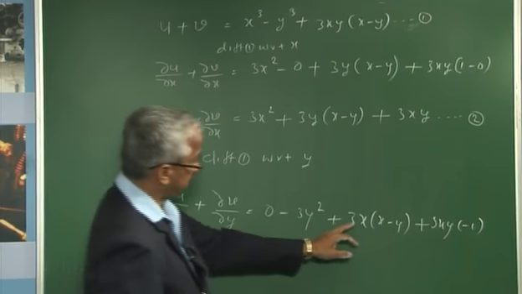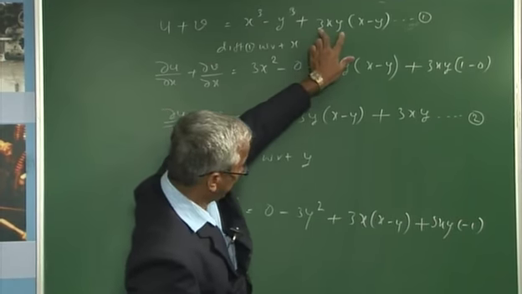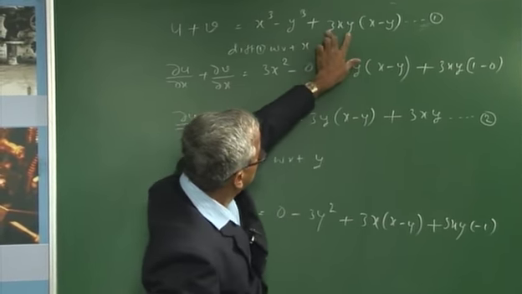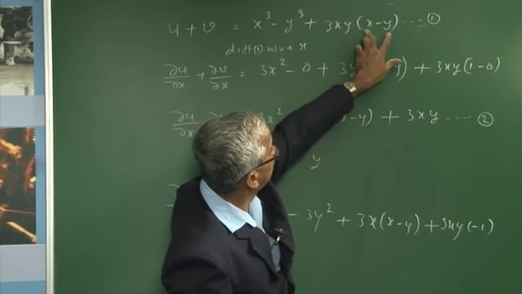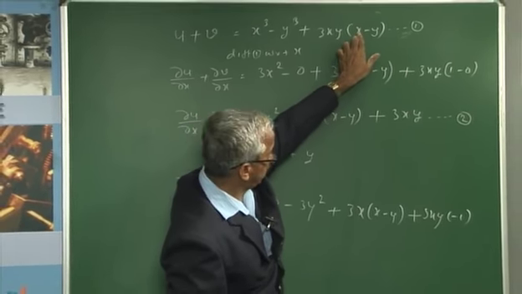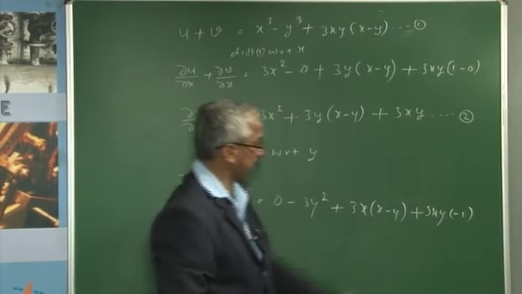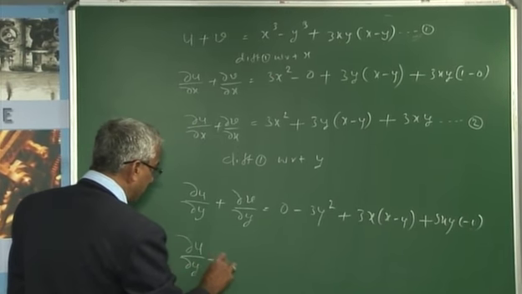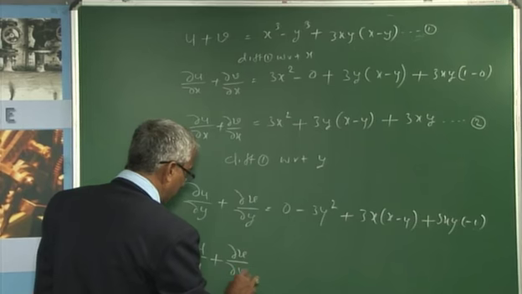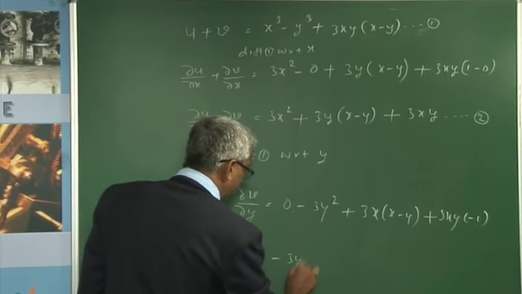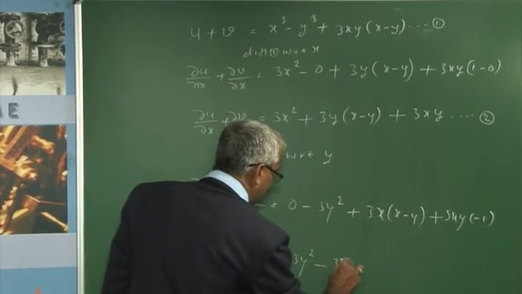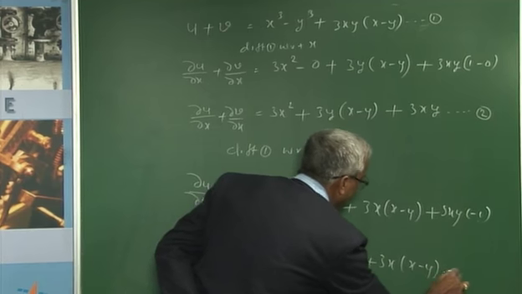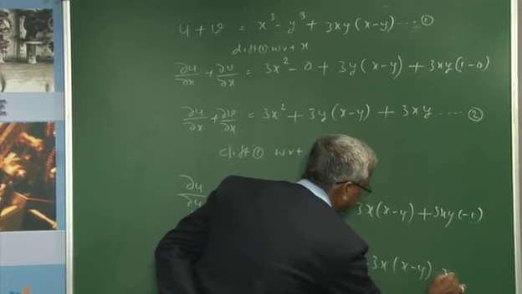That is, differentiate this with respect to y keeping the other as constant, and then keep this as constant and differentiate this with respect to y. x with respect to y is 0 and y with respect to y is 1, so minus 1 I have written here. Therefore dou u by dou y plus dou v by dou y is equal to minus 3y squared minus 3xy plus 3x into (x minus y). Take this one as equation 3.